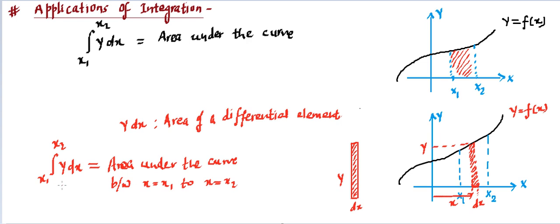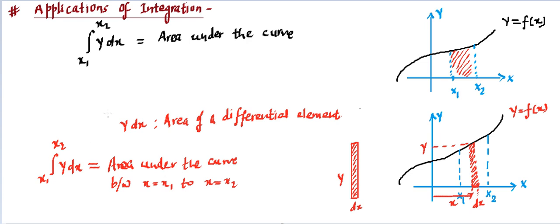This is how you can think of how this result comes out. So y dx is the differential area element, and if you do the integration of y dx, that's the area, and x1 and x2 talk about the limits, that means from where to where the area has to be considered.